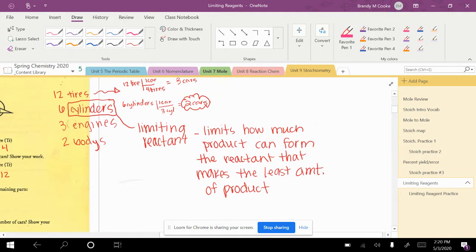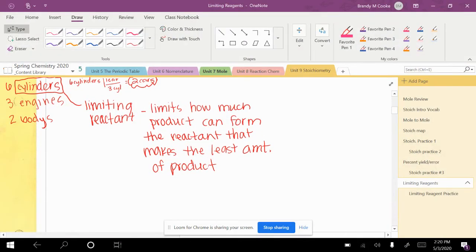So if we have a limiting reactant, it gets completely used up. Meaning I have no more cylinders left over. I made as many cars as I could with those cylinders, and now I'm all out. I have no more cylinders, so it doesn't matter. I could have 1,000,000 tires, but if I don't have cylinders, I can't make a car.